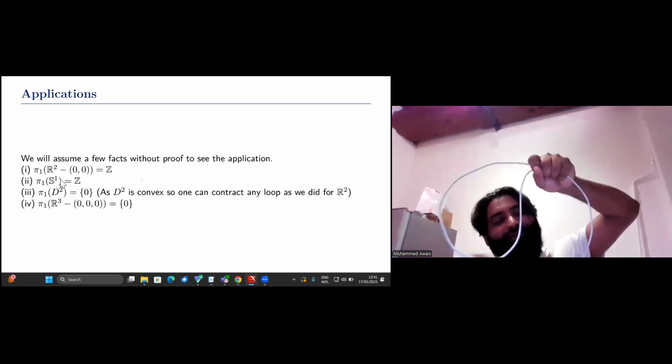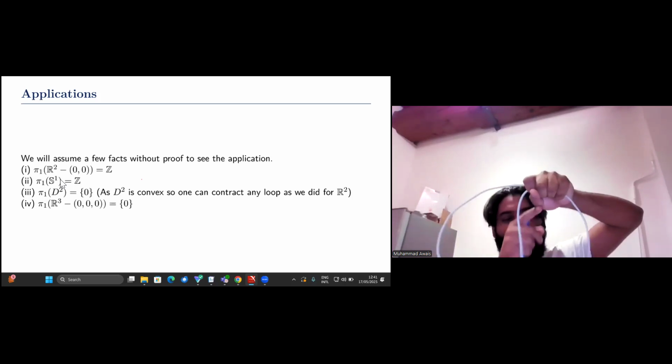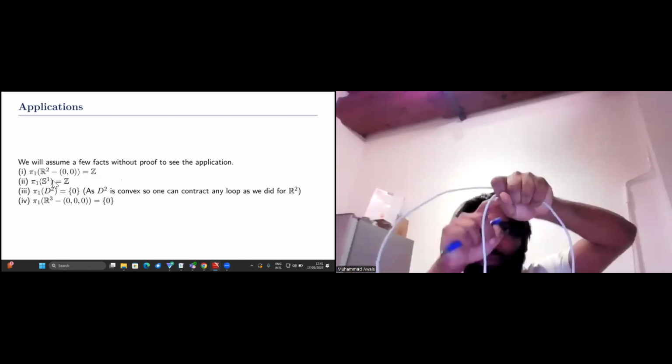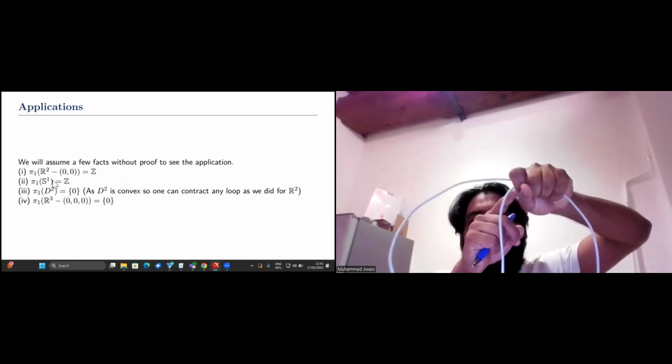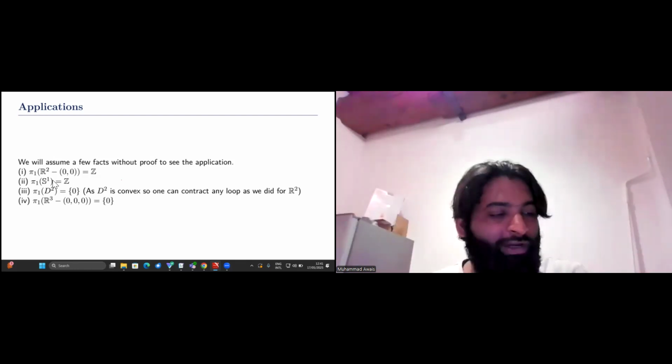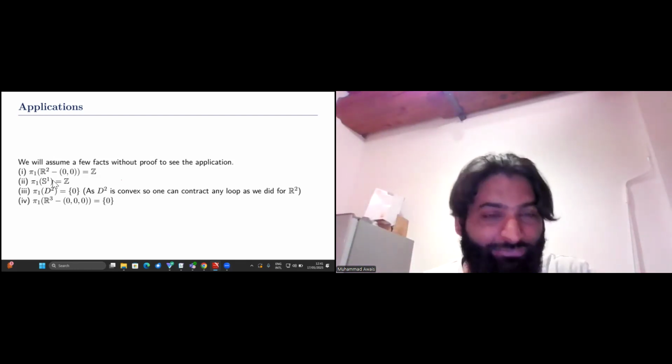So this is a non-trivial loop. Similarly, you can wind 2 times, and so on, and similarly in the negative direction. So the fundamental group of S1 is Z.